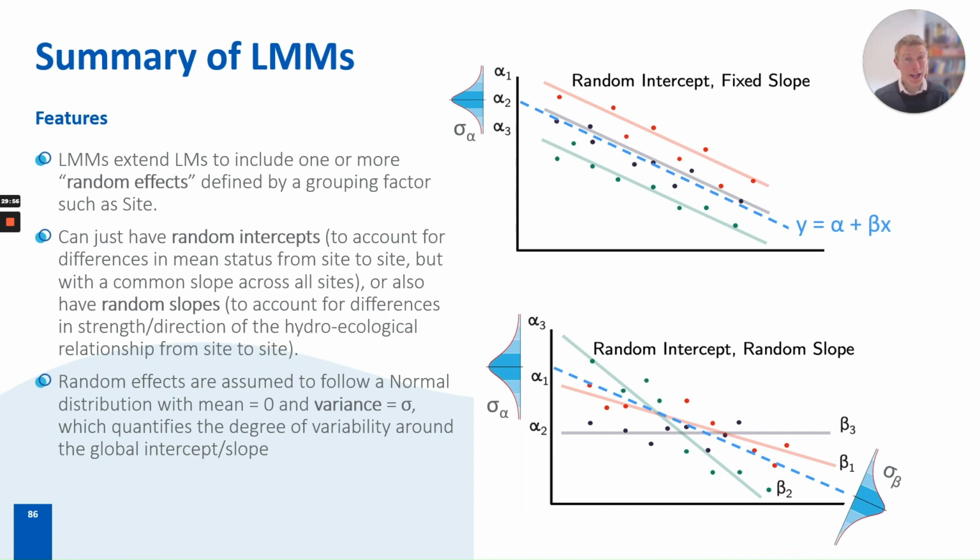Now we actually have a basis for understanding how consistent or otherwise those hydro-ecological relationships are from one site to another. High variances would indicate lots of variability, so each site is really doing its own thing, whereas low variances would indicate all the sites are showing a very similar hydro-ecological relationship, so they are more similar and less variable.